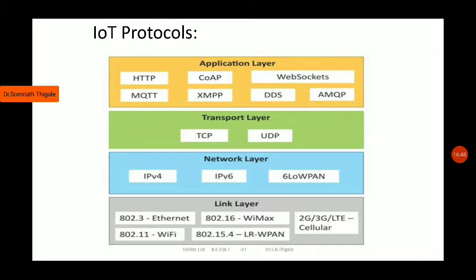It is meant for constrained environments with constrained devices and constrained networks. It is a web transfer protocol like HTTP, which uses a request response model. And the most important part, the CoAP protocol can run on top of UDP instead of TCP. In case of wireless communication, mostly we prefer to use CoAP.